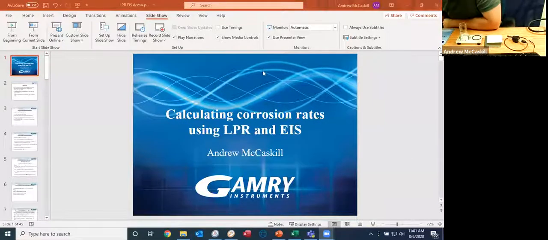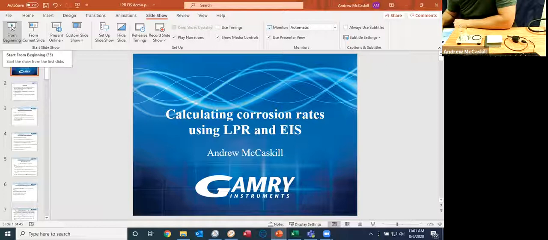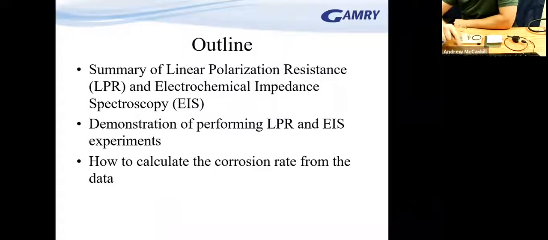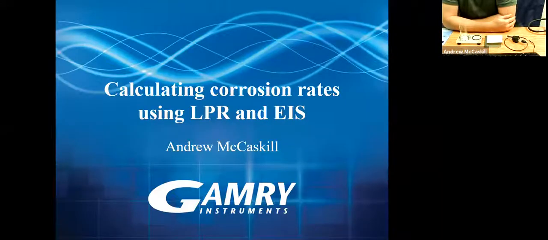Okay, hello everybody. As Chris said, my name is Andrew, and today I'm going to show you guys a live demonstration of performing polarization resistance or linear polarization resistance, LPR, and EIS for calculating corrosion rates.